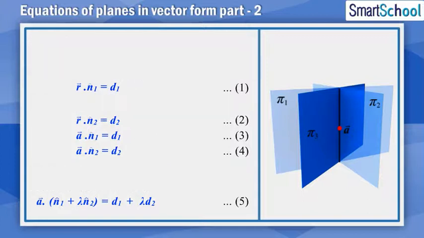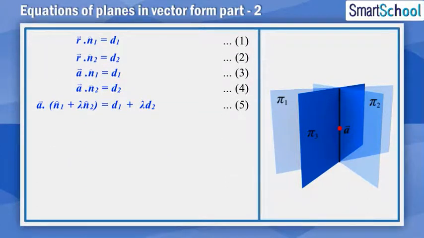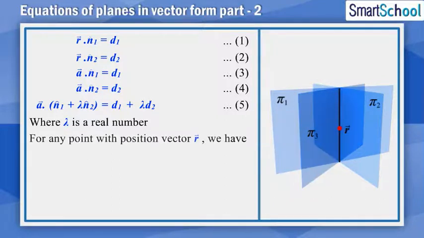Combining the equations of planes pi1 and pi2 for point A, we get equation 5. The line of intersection of planes pi1 and pi2 contains an infinite number of points. For any such point with position vector r that satisfies the equations of both planes pi1 and pi2, we can rewrite equation 5 as equation 6.